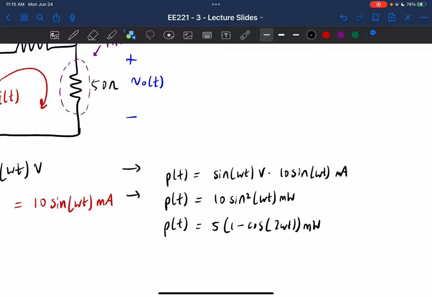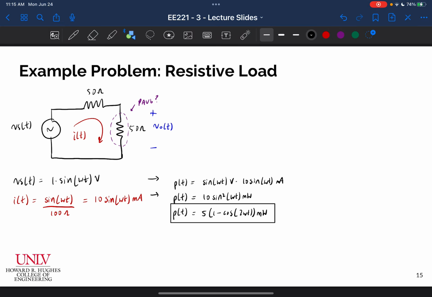And that would be my expression for the instantaneous power. And then I can go ahead and take the average value of that, and I would get some value, right?